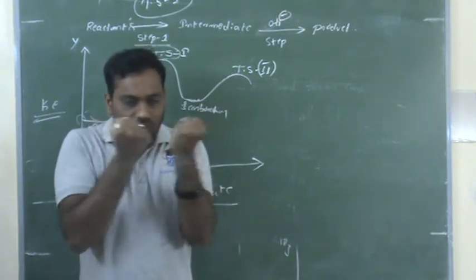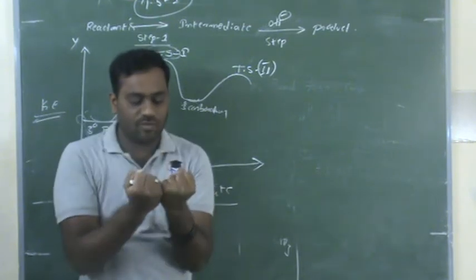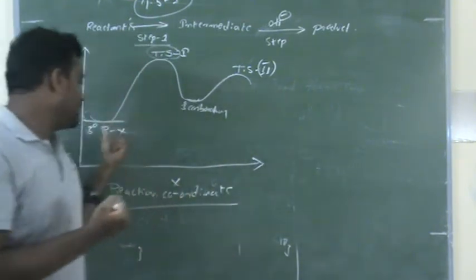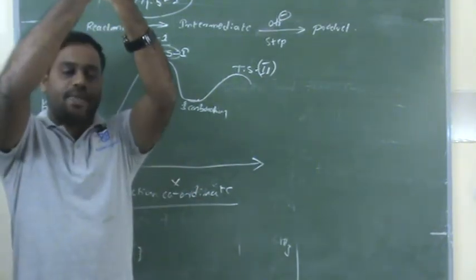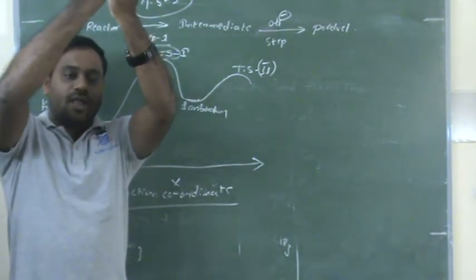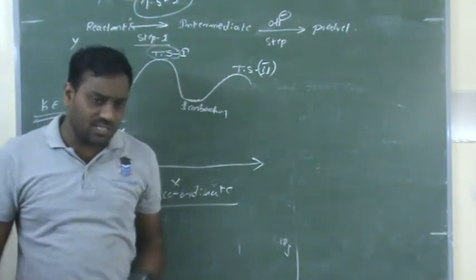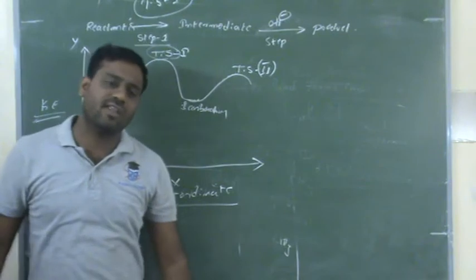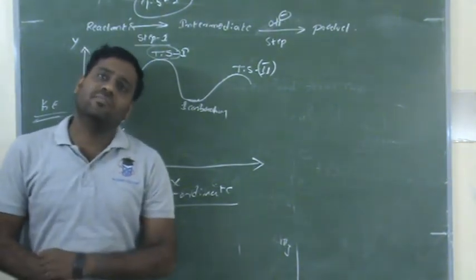When they collide, their energies go high. Previously they had less energy. Now that is called the transition state, which is very unstable. Why are transition states always unstable?